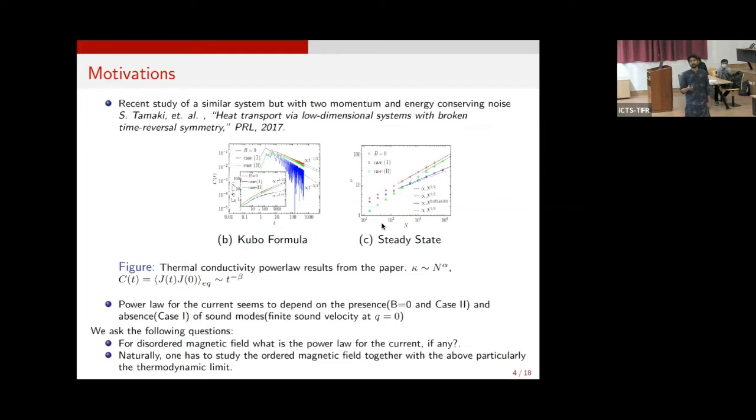So what we ask is, in absence of the interactions but for disordered magnetic field, what would be the power law of the current if there is any power law? By power law of the current, I mean how does the current scale with the system size? But in order to understand the disordered case, one must first understand the ordered case properly. So that's why we'll first study the ordered case.